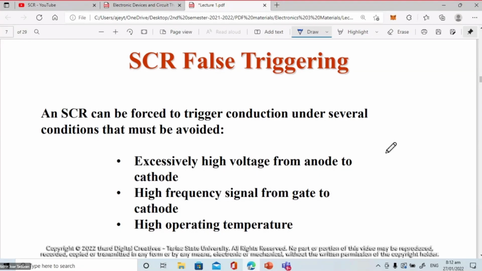Okay, next, posttriggering. An SCR can be forced to trigger conduction under several conditions that must be avoided. Number 1, excessively high voltage from anode to cathode. Okay. High frequency signal from gate to cathode and high operating temperature.